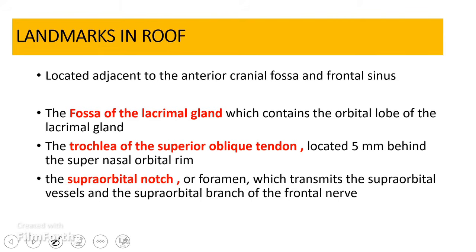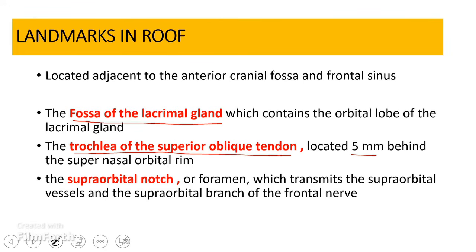Coming to the important landmarks present in the roof, there are three that should be remembered. The first is the fossa, or the space for the lacrimal gland, which will harbor the orbital lobe of the lacrimal gland. The second is the trochlea of the superior oblique tendon, which is located about 5 millimeters behind the superior nasal orbital rim.